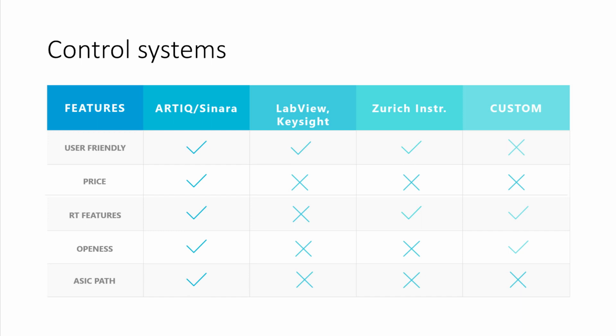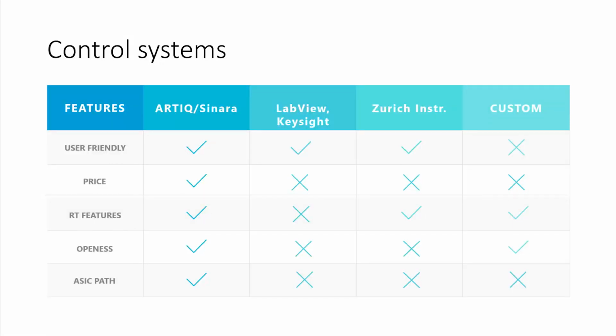How to compare our control system to others? The most popular one is LabVIEW, which does not give any RF features, no synchronization. It has only triggers. It's quite expensive. It's closed, and it doesn't have any path towards ASICs. Zurich Instruments is nice and beautiful, but it's highly expensive. It works.